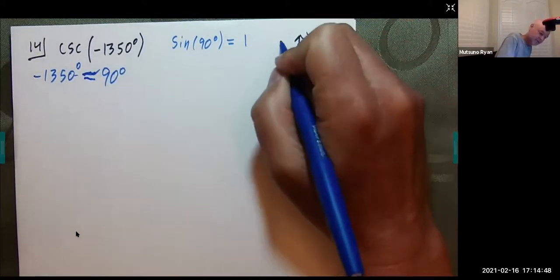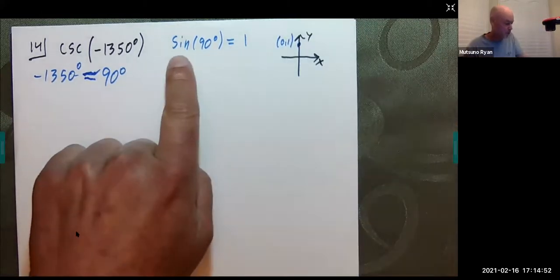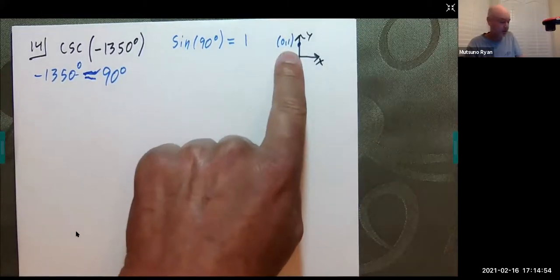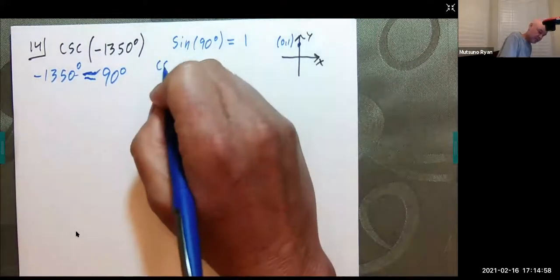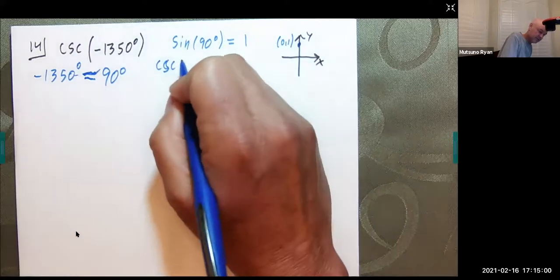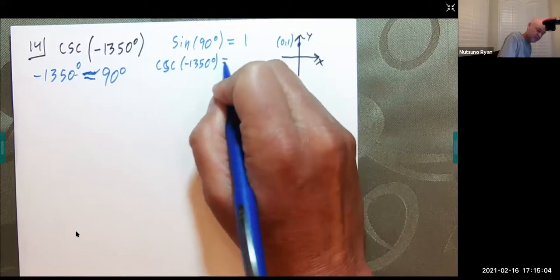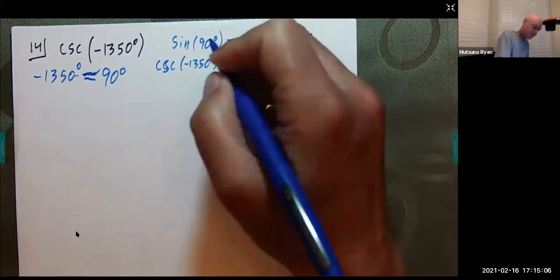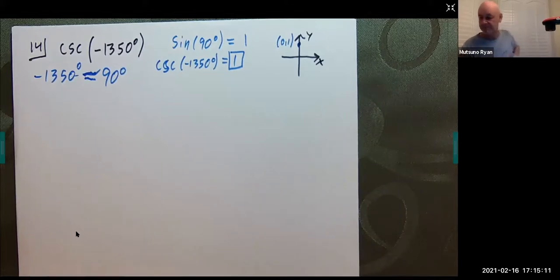That is the point 0, 1. Remember, sine is y, and so the y coordinate there is 1. So cosecant of -1350 degrees is the reciprocal of that, which is just 1. 1 is 1/1. So when you flip that, you still get 1/1.